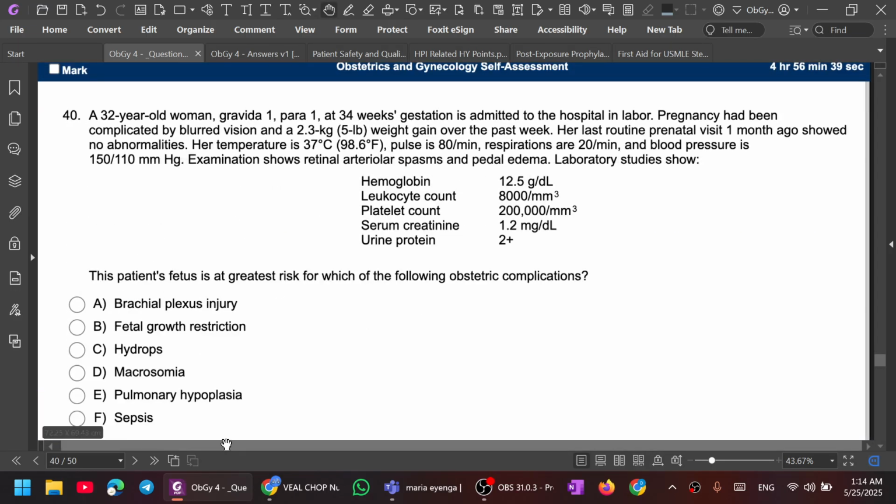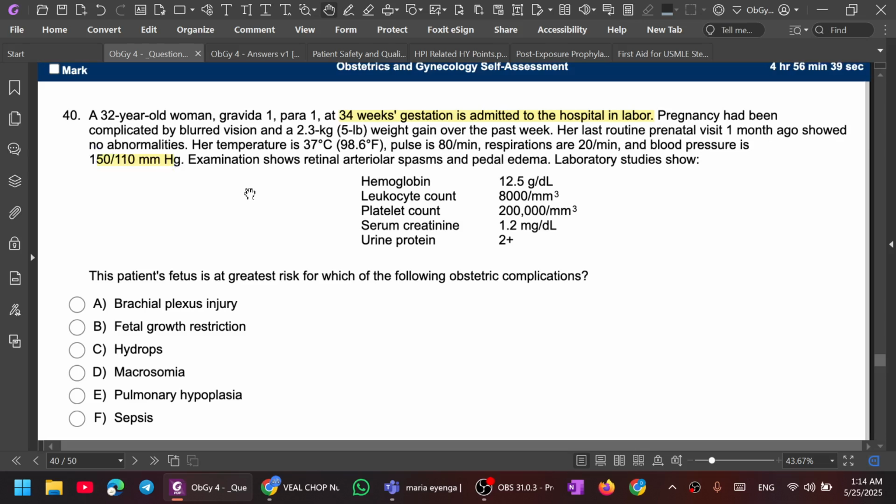A 32-year-old woman, gravida 1 para 1, 34 weeks of gestation, is admitted to the hospital in labor. Pregnancy has been complicated by blurred vision and 2.3 kg weight gain over the past week. Her last routine prenatal visit 1 month ago showed no abnormality. Her temperature is 37 degrees Celsius, pulse 80 per minute, respiration 20 per minute, blood pressure 150 over 110.